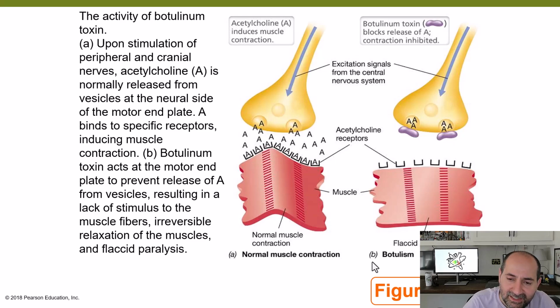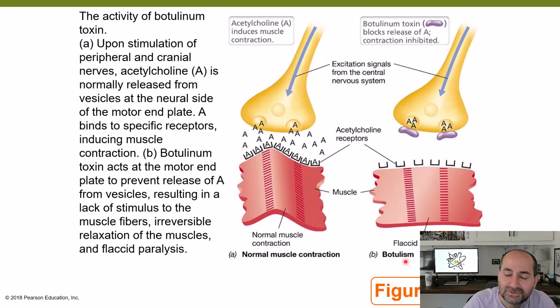You can see botulism in improperly canned foods, but it's also used in cosmetic medical procedures, because this is the same toxin that's purified for injectables in the form of Botox, right?